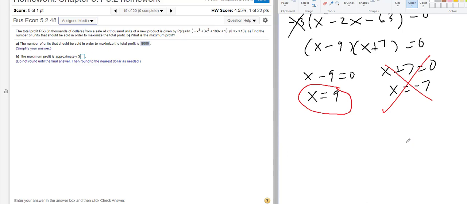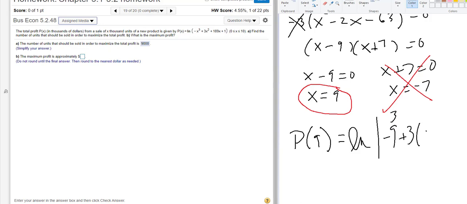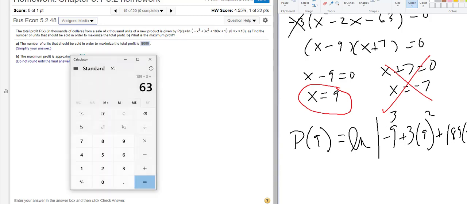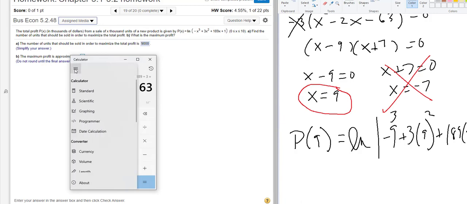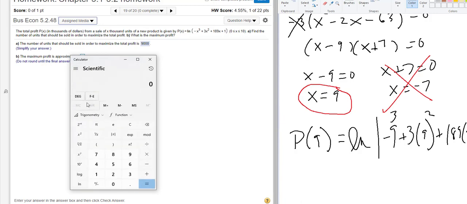All we have to do here is find P of 9, which is the natural log of the opposite of 9 cubed plus 3 times 9 squared plus 189 times 9 plus 1. Let's see.